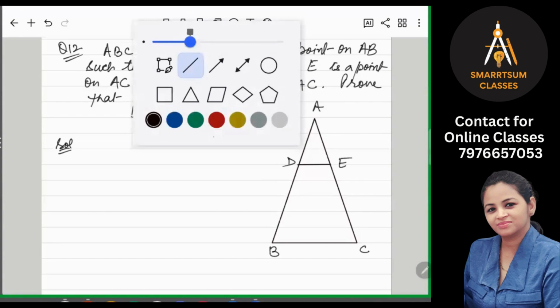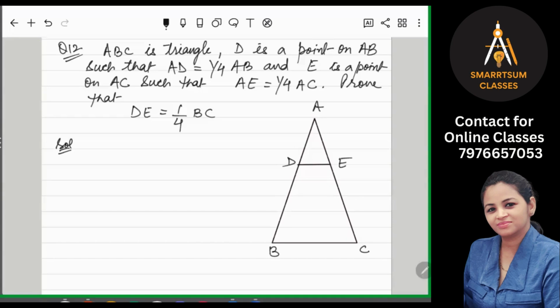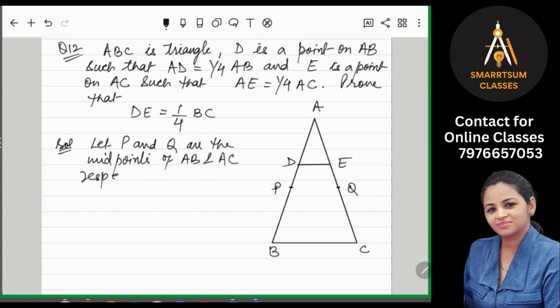Let's assume that there are two points on AB and AC which are the midpoints, this and this, P and Q. So write down, let P and Q be the midpoints of AB and AC respectively. So we have taken the midpoint of AB as P and midpoint of AC as Q.